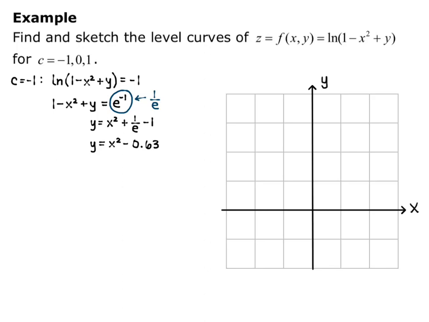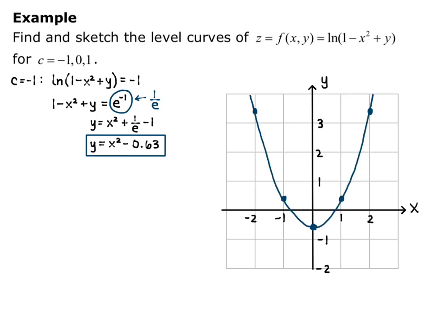I'll label the x and y axes on the grid. And I know that y equals x squared minus 0.63 is a parabola with y-intercept negative 0.63. Then you can plug in other x values to get more points. And there's our level curve for c equals negative 1. Now let's do the same thing for c equals 0.